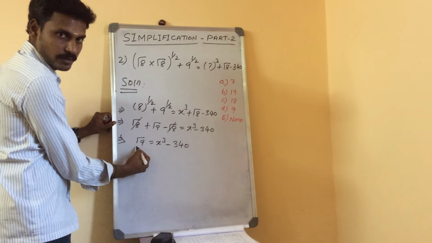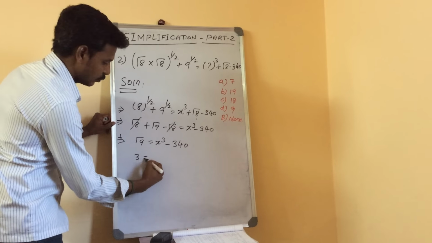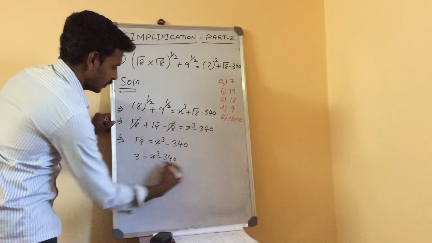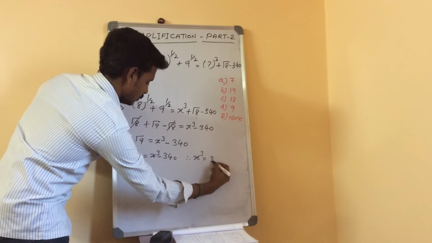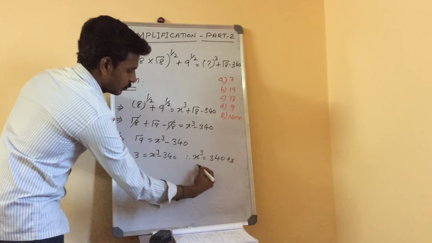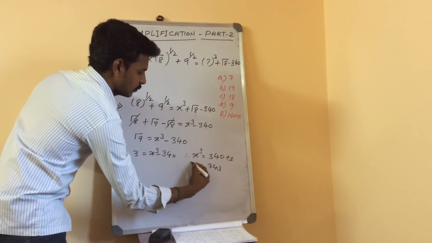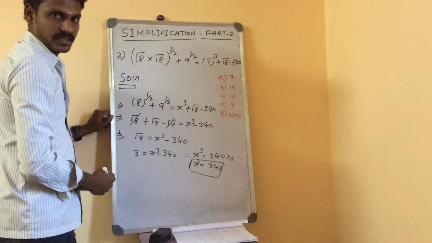You know the value of √9, it will be 3, equals x cube minus 340. So we need the value of x cube: 340 plus 3. Can you understand? So 340 plus 3 is 343. x cube equals 343.